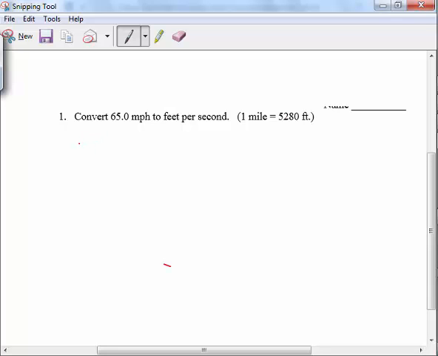The way you do that is you write on the left side of your paper your beginning point, which is miles, and then hours is the denominator. And on the right side of your paper, you write the unit that you want to end up with, which is feet, and then seconds as the bottom denominator.